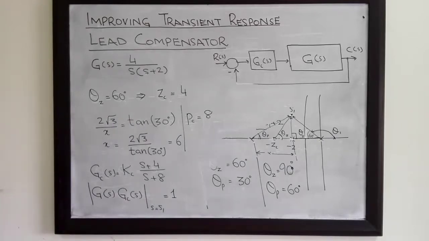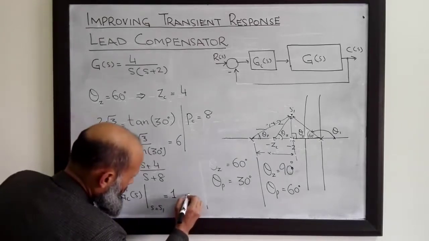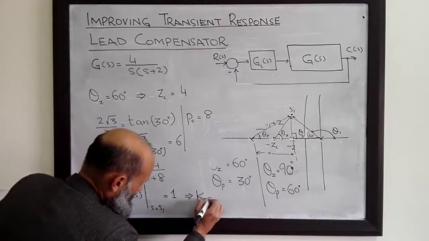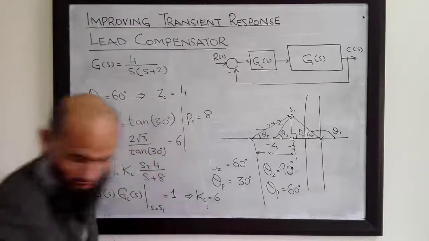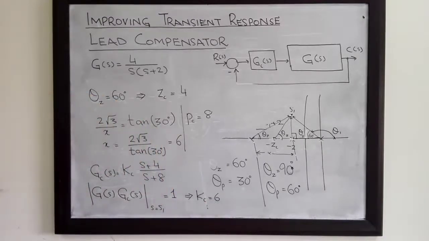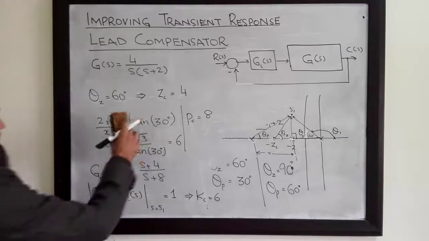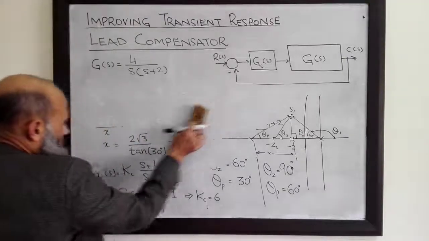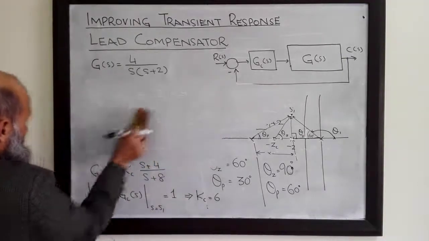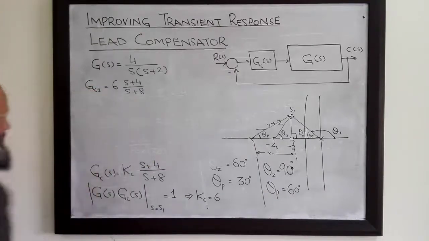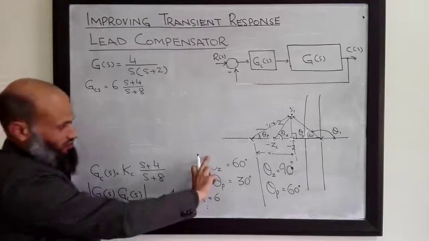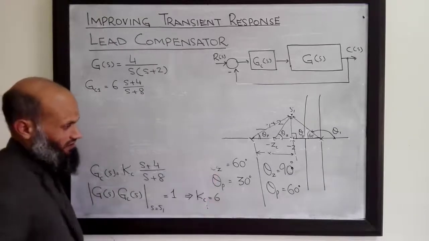This implies that Kc, which I have computed, comes out to be equal to 6. So our first designed compensator transfer function is given by this relation. Let's call it Gc1. This is our first compensator corresponding to these angles.